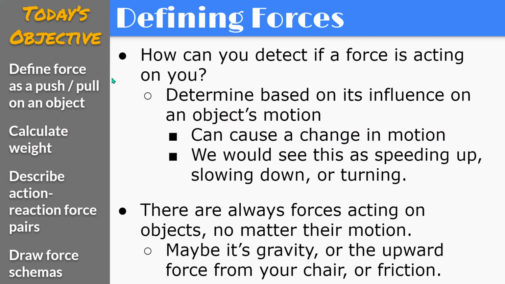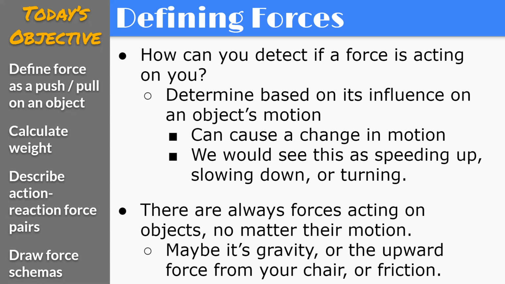All right, how can you detect if a force is acting on you? We're going to talk more about this tomorrow, but you can determine if there's a force acting on you based on its influence on the object's motion. Sometimes those forces can cause a change in the motion. So sometimes you're going to see objects speed up, slow down, or turn because of forces. But right now, you're not speeding up, slowing down, or turning, and yet there are forces acting on you as well.